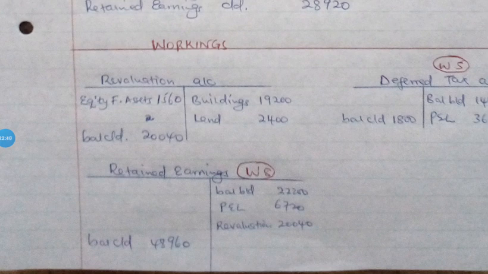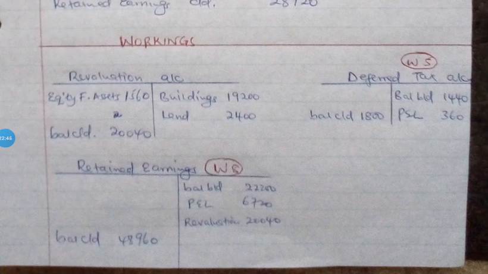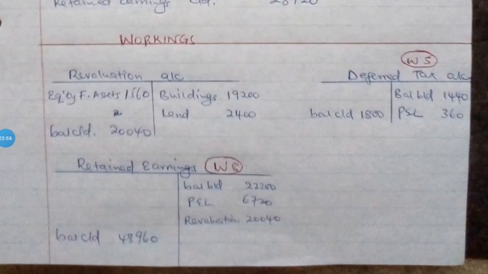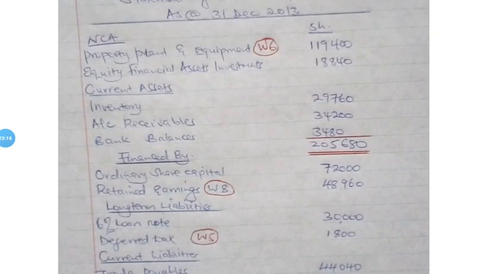So the opening balance for equity financial assets was 2,400, revalued downward by 1,560, and therefore the balance is 18,840 from our calculation. So that is equity financial asset investment.